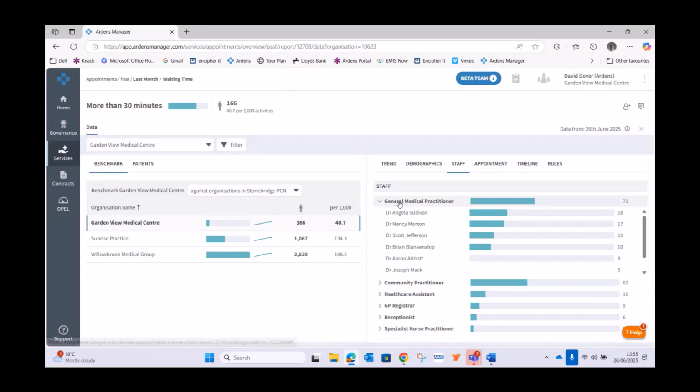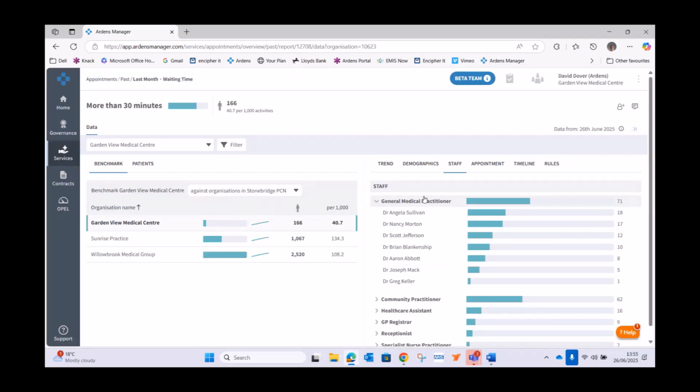If that is the case, what does that mean for my practice? If those GPs are struggling with 10-minute consultations, does that mean we go back to the drawing board and increase their appointment times to 15 minutes, 20 minutes, whatever suits you and your practice?